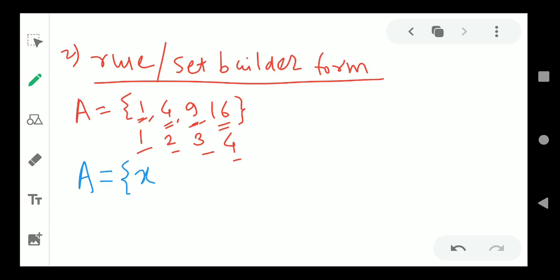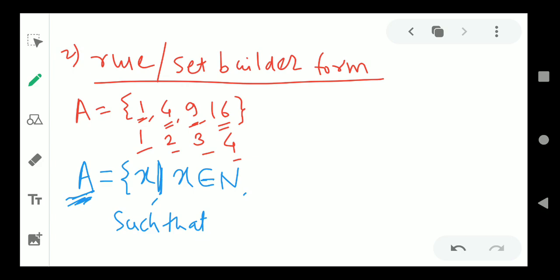We write here A is the set of all x such that, this vertical line is read as such that, look, such that x belongs to natural number, capital N, natural number.